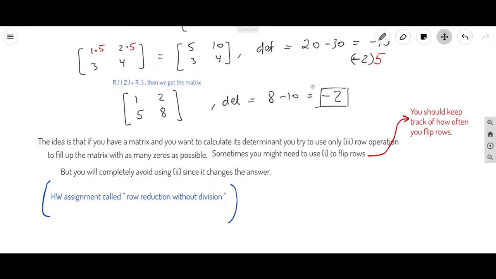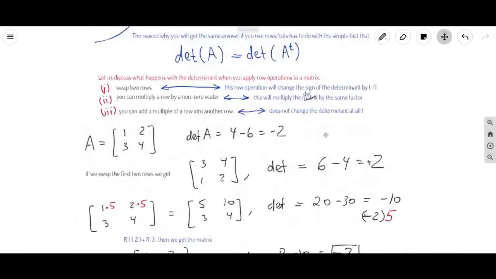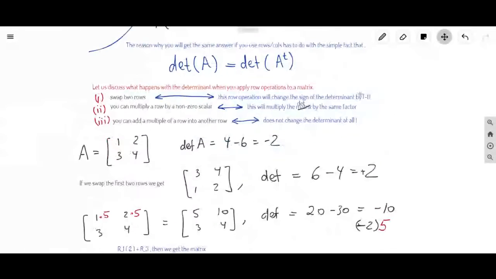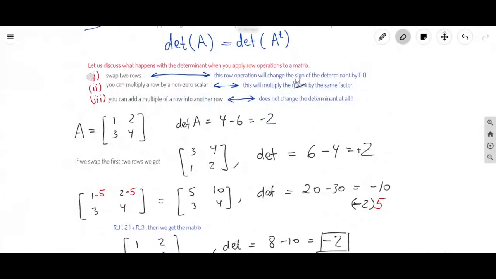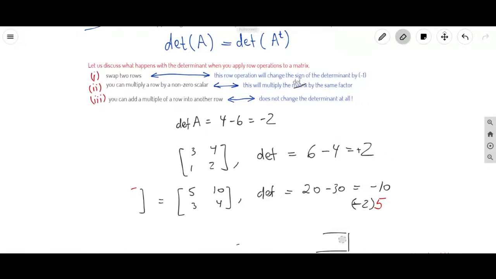Now, before I do an example with you of how this is being used, let's actually explain why these 3 properties work. Let's explain why this is the effect that you have on the determinant. And it all comes down to this. You have to go back to the definition of the determinant.